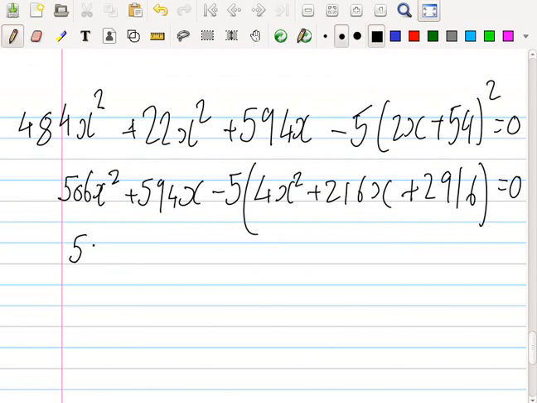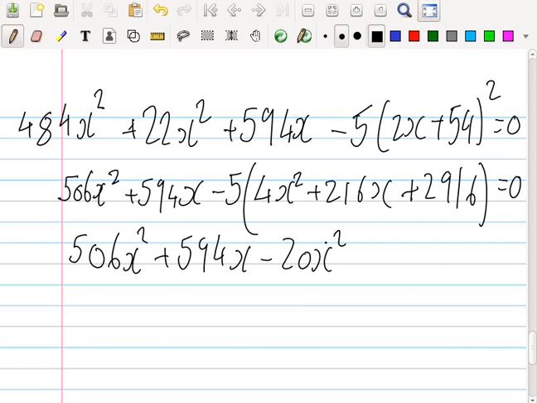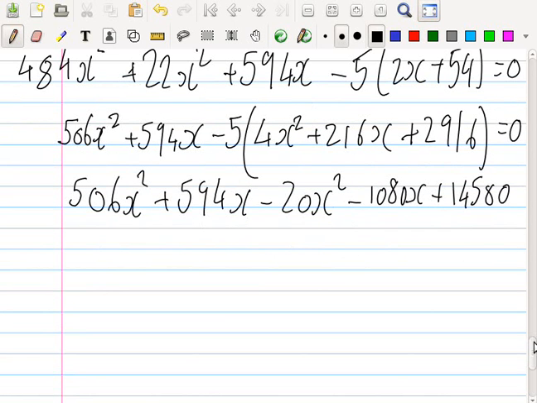So I have 506x squared plus 594x minus 20x squared minus 1080x minus 14580. That's still equal to 0.